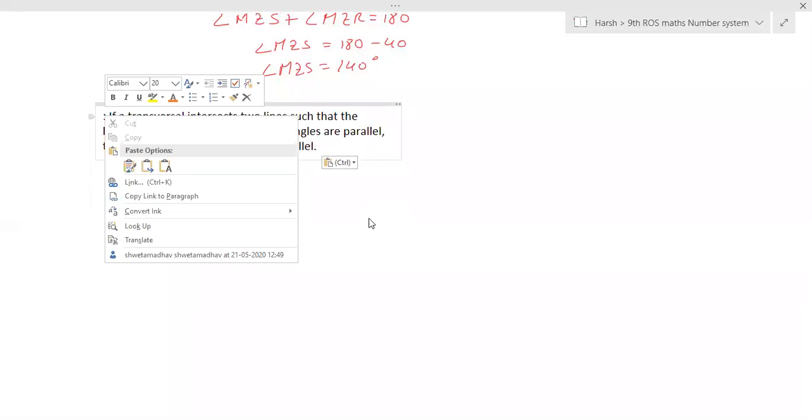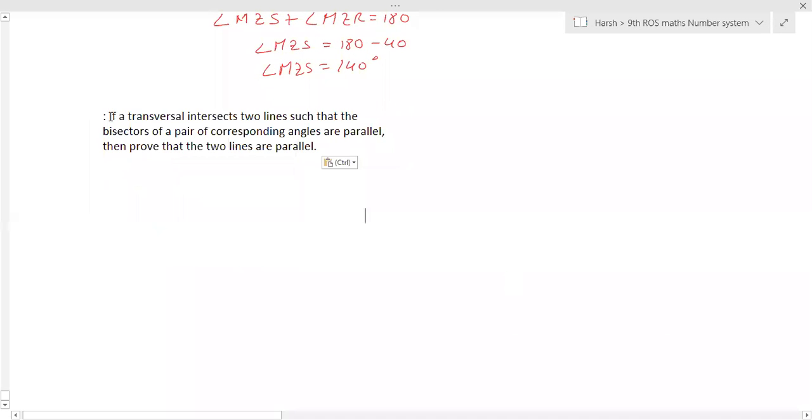Can you see the question? Guys, can you see the question? Yes, sir. Can you do it? The figure is not there, so I'm just changing the question for you.